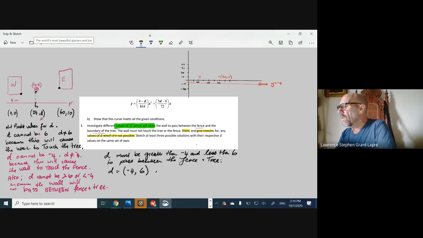However, we know that if, let's say, D was 4, that's 24, 4. If D equals 4, it'll pass through the point 24, 4. And that may mean that it's not turning yet. It's going to pass through there.